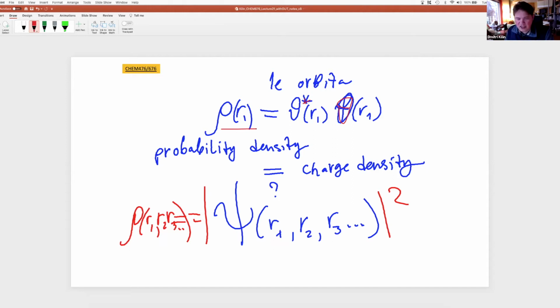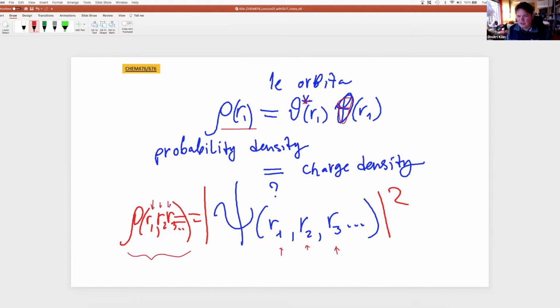Now, if we have a multi-electron wave function that depends on many electrons, what if we take the absolute value squared? It is logical to assume that it will be a probability distribution or density which depends on multiple electrons. This will be reasonable, it will be correct, but very impractical.